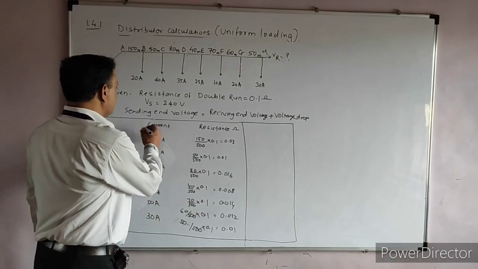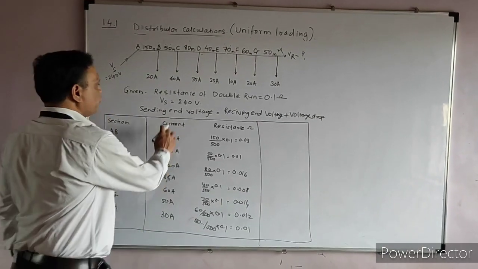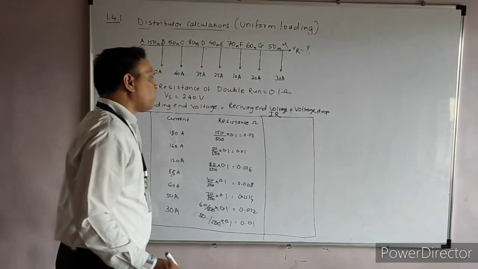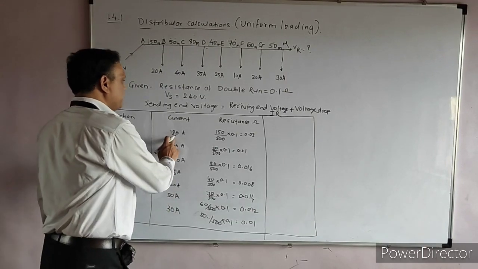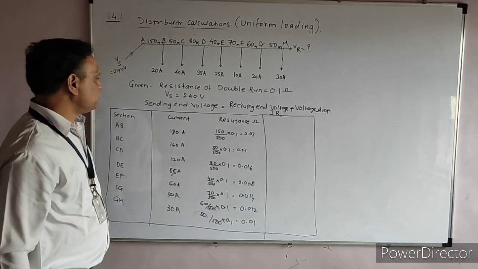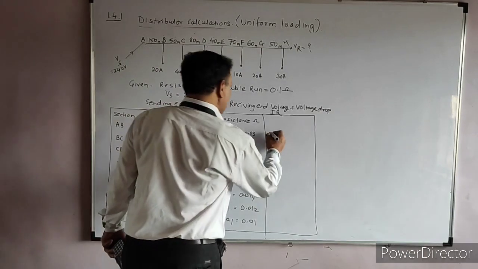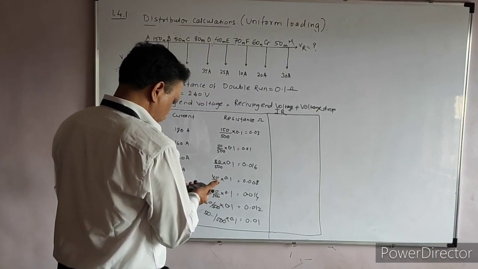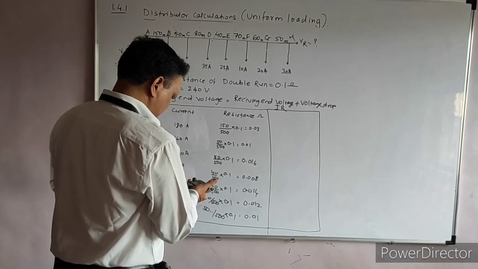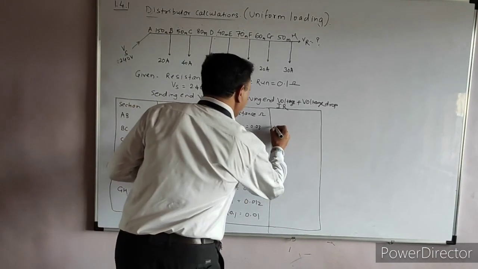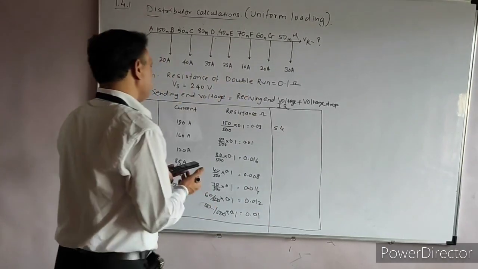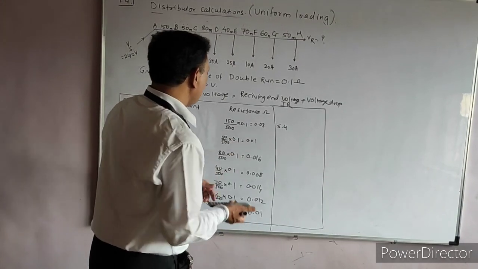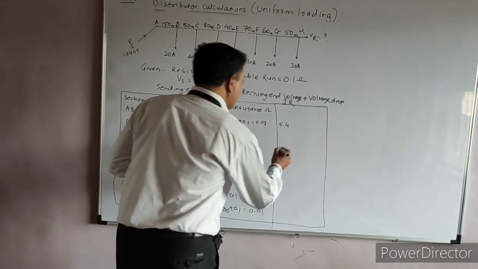The next step is to calculate the voltage drop, using our predetermined formula, I into R. So we will multiply current with this resistance. 180 into 0.03 comes to be 5.4 volts. Now if you multiply 160 into 0.01, you will get 1.6.